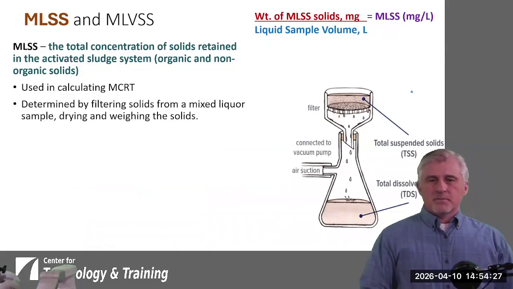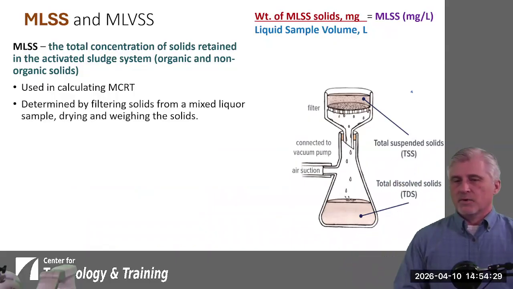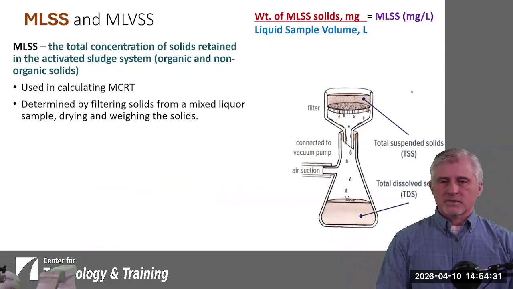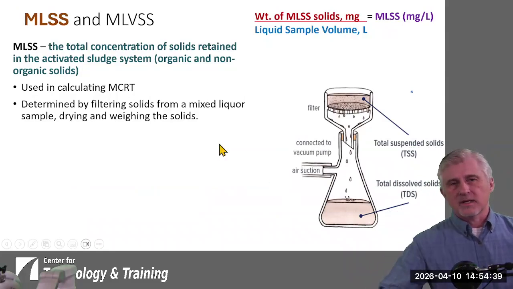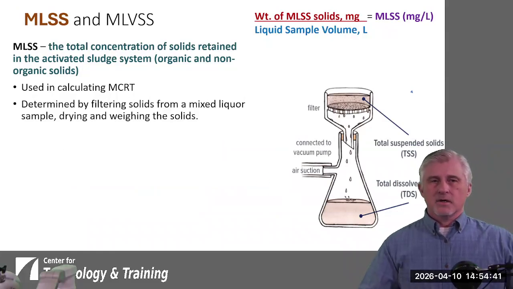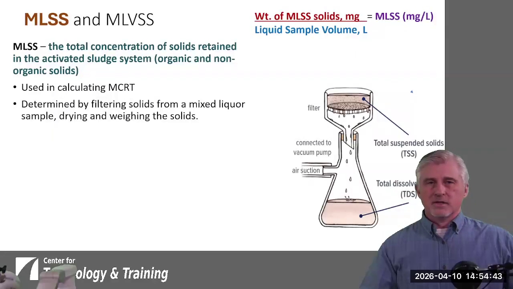So we've talked about mixed liquor suspended solids. Well, we also have what's considered mixed liquor volatile suspended solids. The mixed liquor suspended solids is a concentration of solids in the activated sludge system.